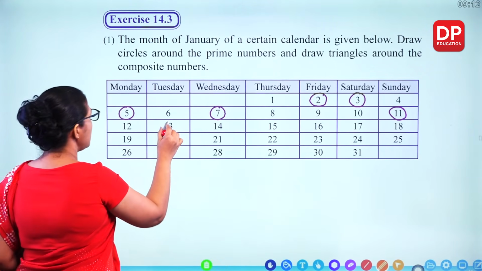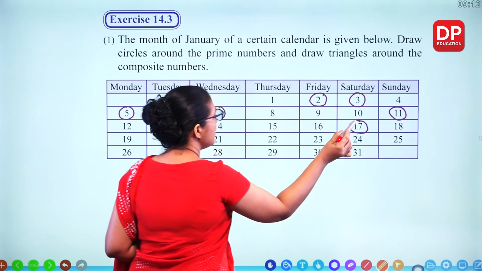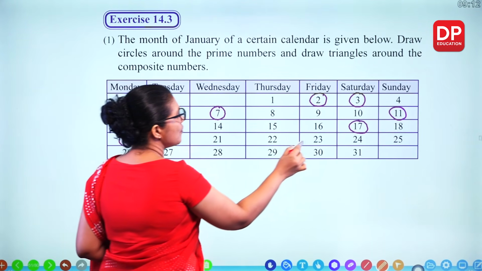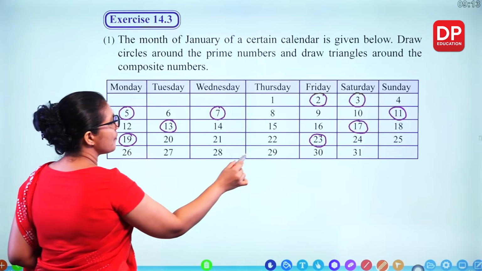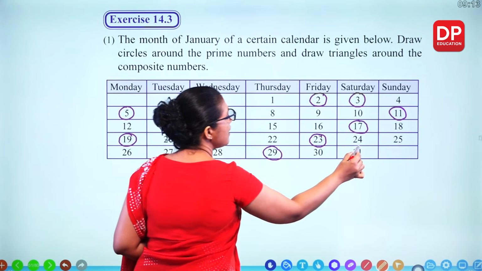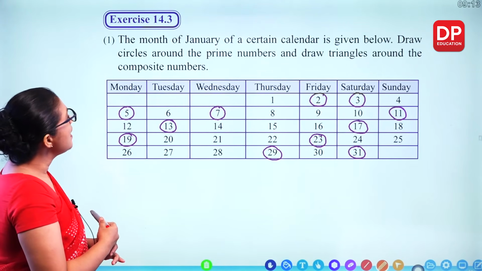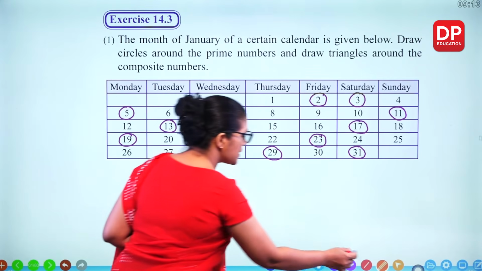Then 13, 17, 19, 23, 29 and 31. Those are prime numbers. Then triangles around the composite numbers.